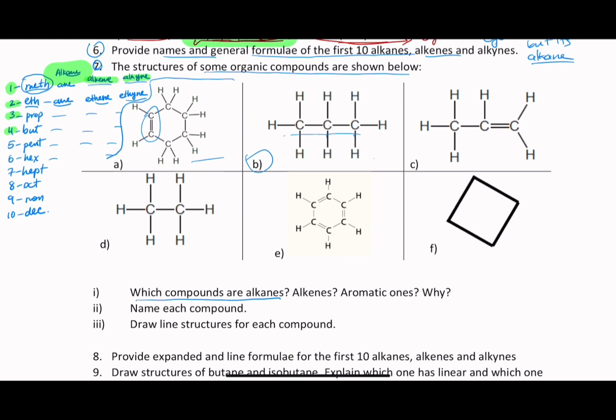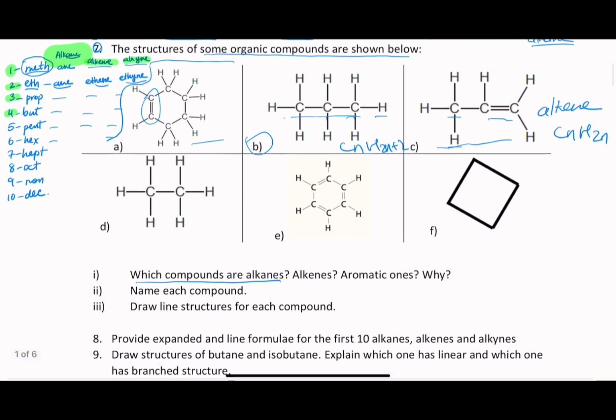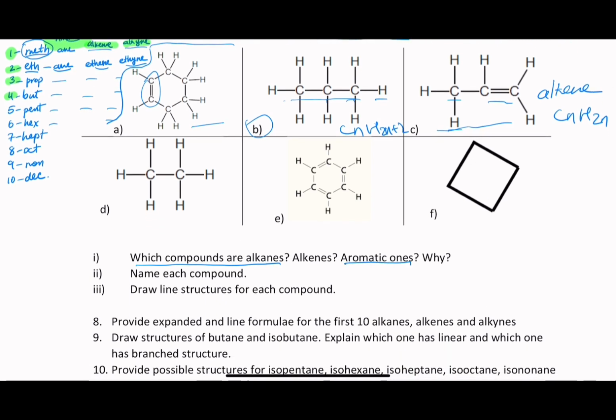And this guy, if you look here, we have a double bond, it is alkene. And you can compare the formulas, CnH2n, CnH2n+2. Just count the number of carbons and hydrogens on each, and you can confirm it with me. And then it's asking for the aromatic one, so this guy is the aromatic one, because you have 6 carbons and 3 double bonds.